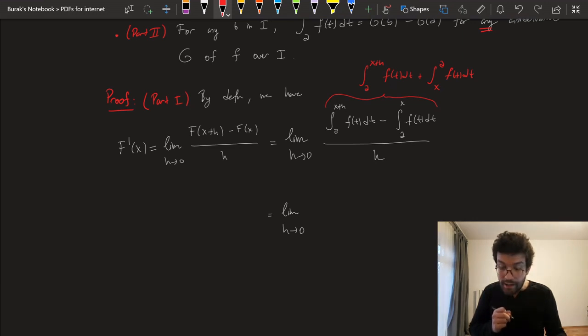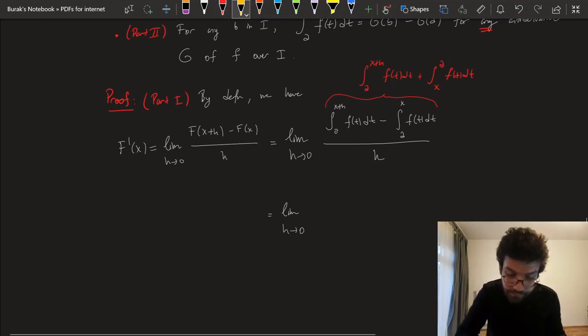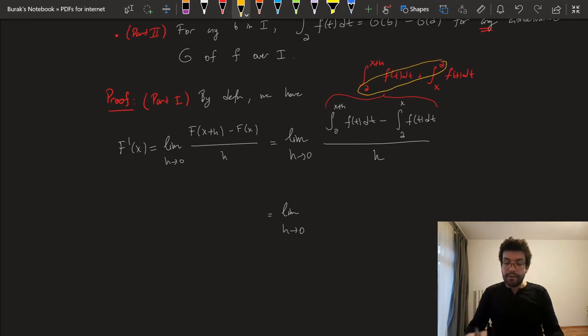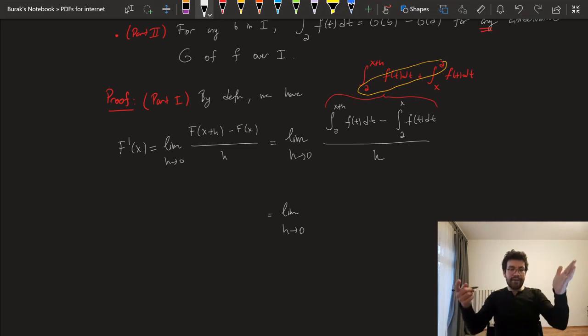And then because you see a and a here, and because you know the splitting rule for definite integrals, if you have the definite integral of a function from, let's say, p to r, then this definite integral can be written as the definite integral from p to q plus the definite integral from q to r.